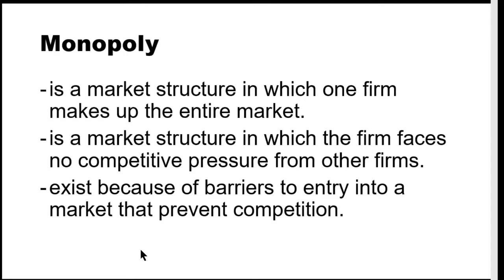And the third one, in perfect competition, there are no barriers to entry, so anyone can join the market. But in monopoly, there are many restrictions or regulations or difficulties, that's why some firms would be discouraged or not interested in entering the market.